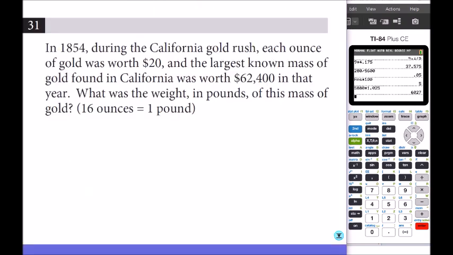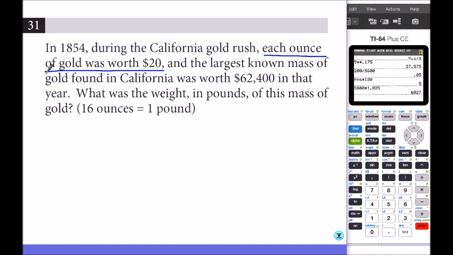Okay. 31. In 1854, during the California gold rush, each ounce of gold was worth $20. And the largest known mass of gold found in California was worth $62,400 in that year.